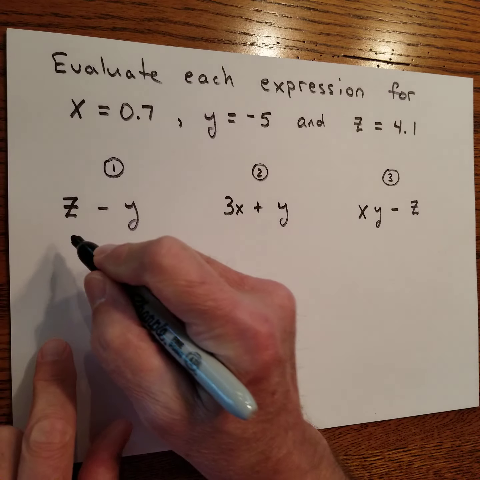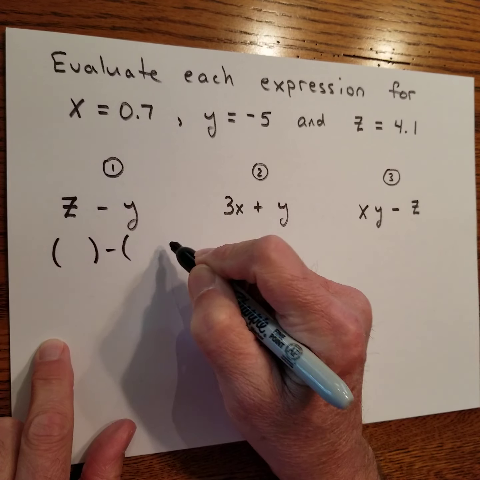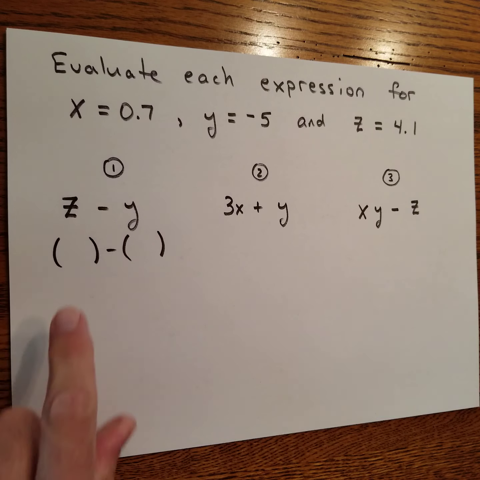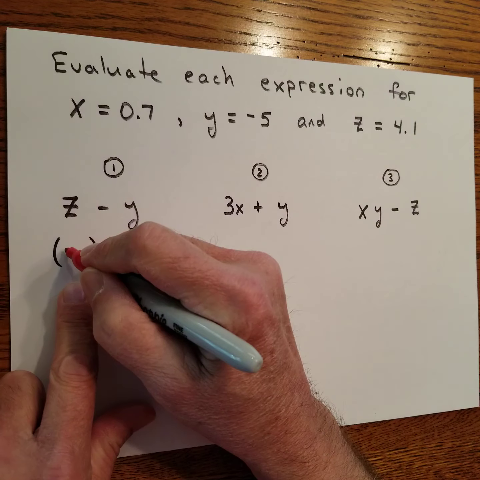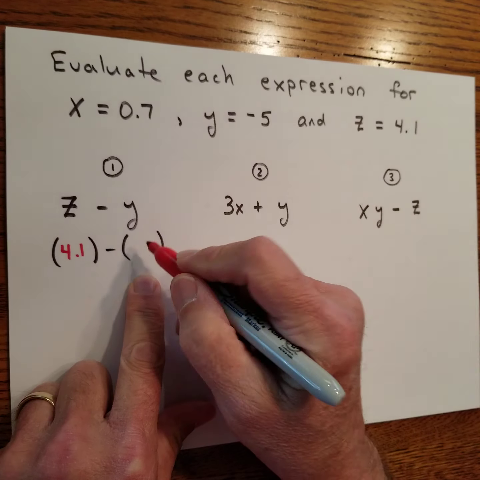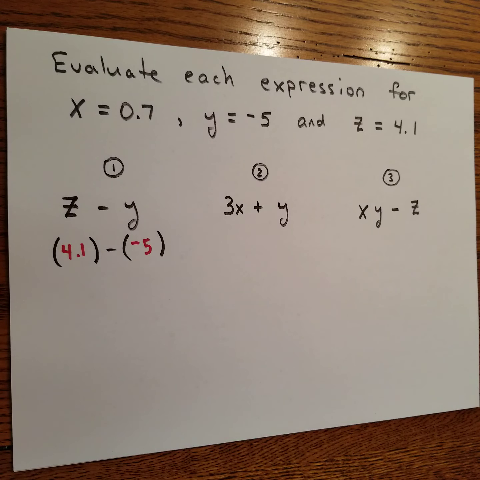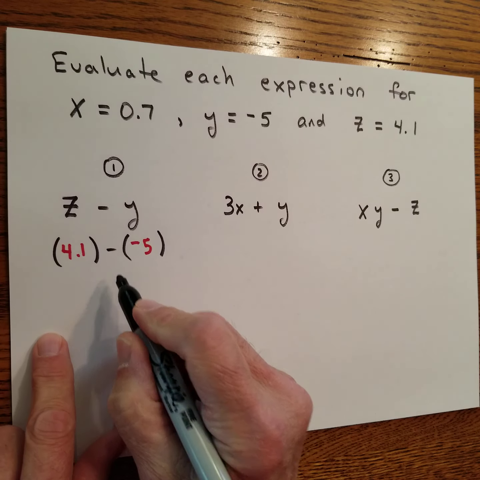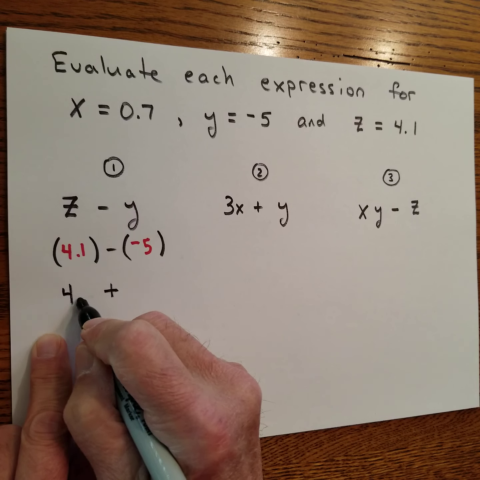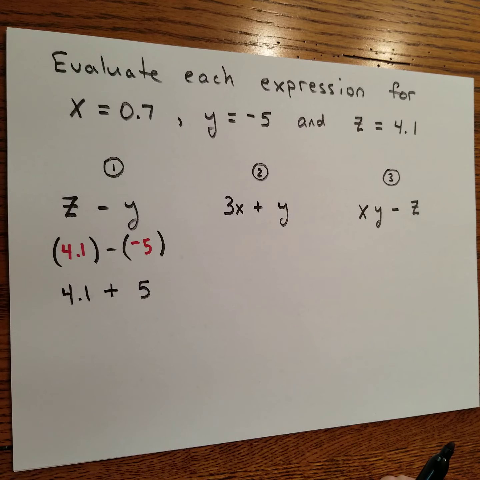Let's start number one by replacing the variables with sets of open parentheses. Then we'll plug into those parentheses. Z is 4.1. Y is -5. Now we know that subtraction can be rewritten as addition of the first number and the opposite of the second number.